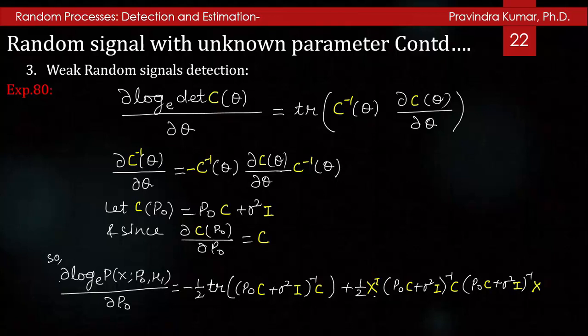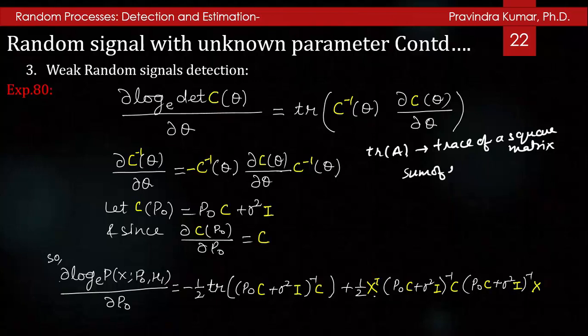Here the trace of a square matrix, tr, is the sum of its diagonal elements.